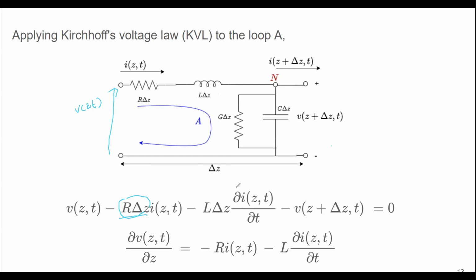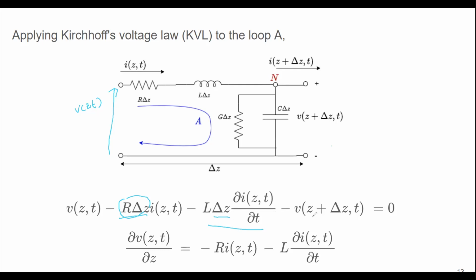So we know that the voltage drop across the inductor is given by the inductance value multiplied by the rate of change of current across the inductor. And then we multiply that amount by delta Z to take the total voltage drop across the inductor component.